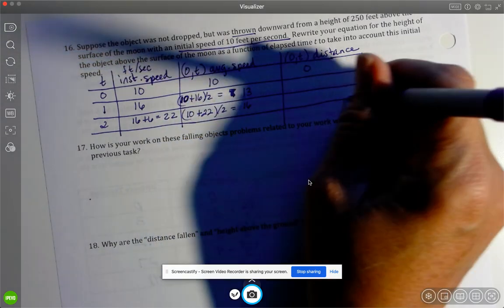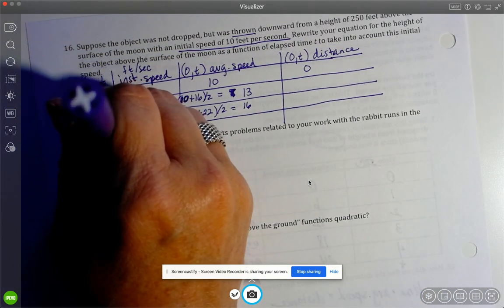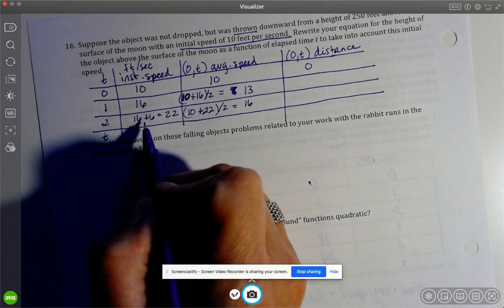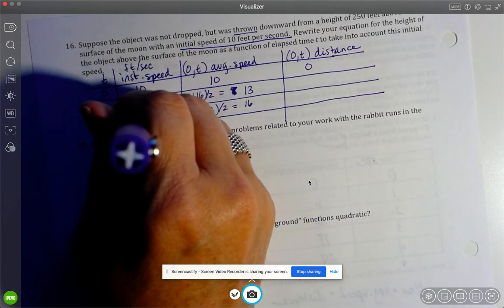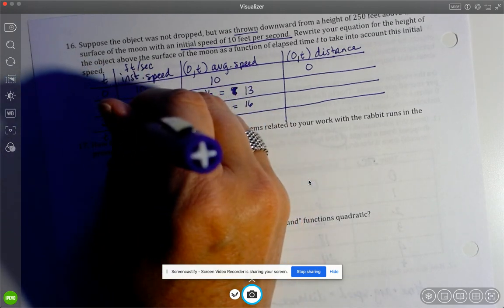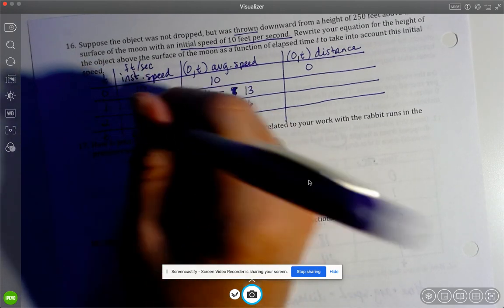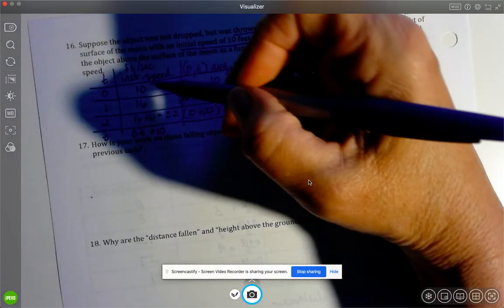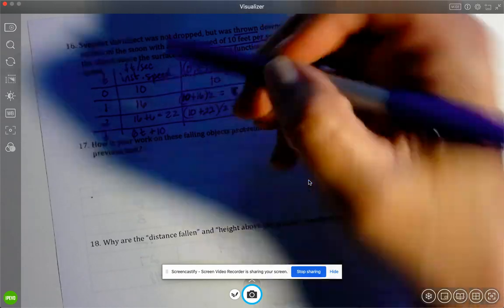And then we're going to actually try to generalize it to just t. So t, the way that I got each of these was I had the 6 applied to it, right? 6t, plus the 10 that I started with from 0, right? That's how I got each of these.